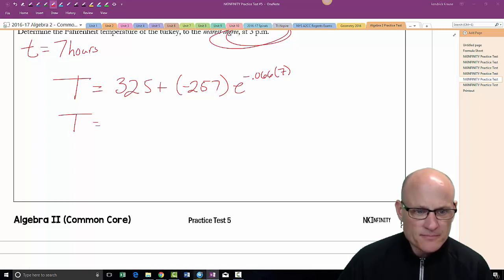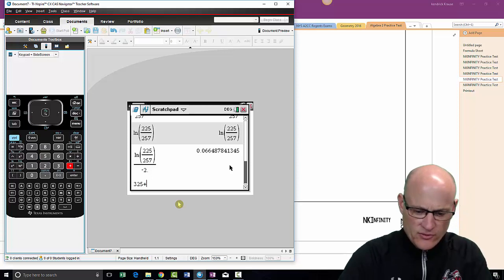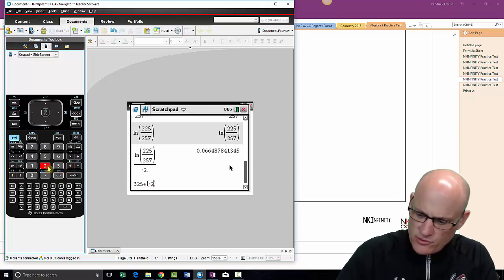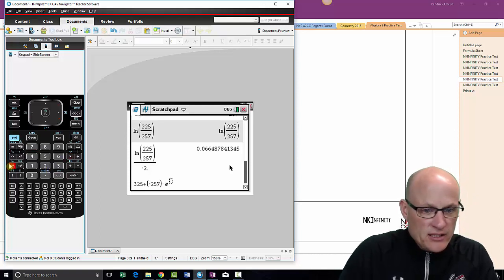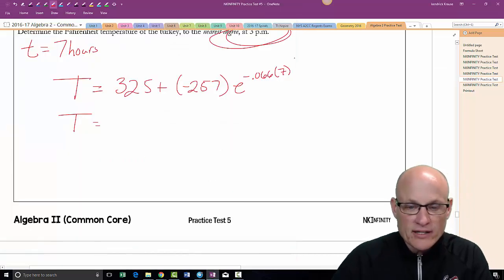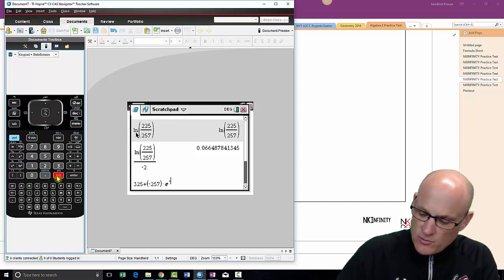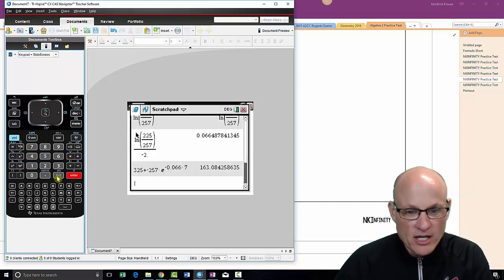So let's get that going. 325 plus parentheses negative 257 times E raised to the, did I put negative? There is a negative, right? Yep. Negative 0.066 times 7. Temperature is going to be 163.08.